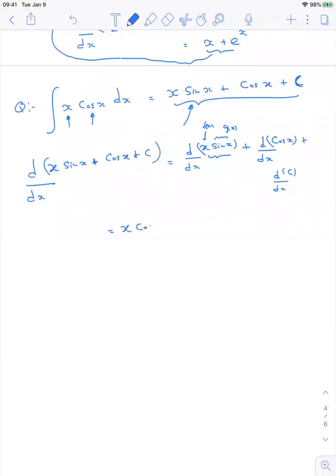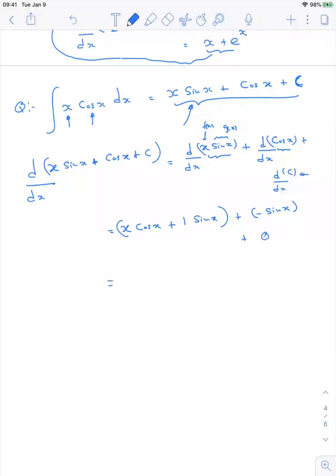Once you differentiate, that will be cosine of x, and then plus you take the other function which you did not differentiate previously, that is x. So the differentiation of x is 1, and then you keep sine x as it is, right? So that is the first part. And then when you differentiate cosine x, you probably know that the answer is minus sine x from the standard rules, and then plus the constant. Once you differentiate a constant, the answer will be 0.